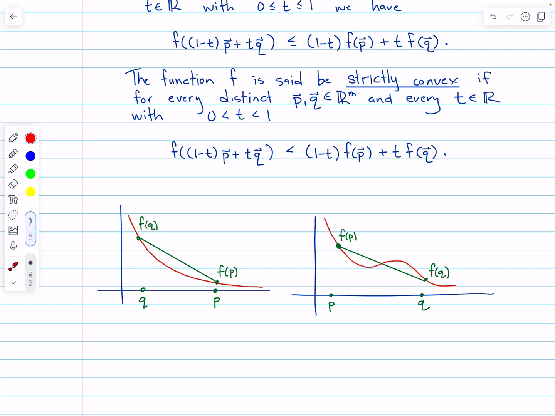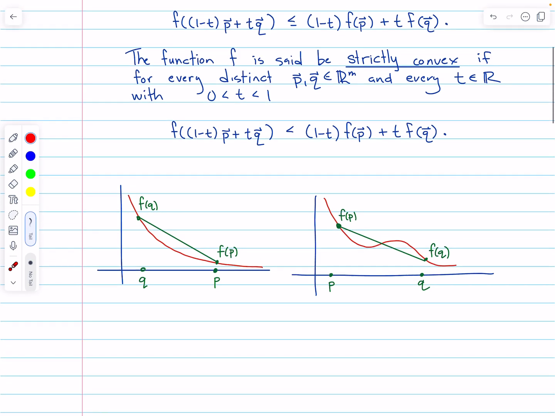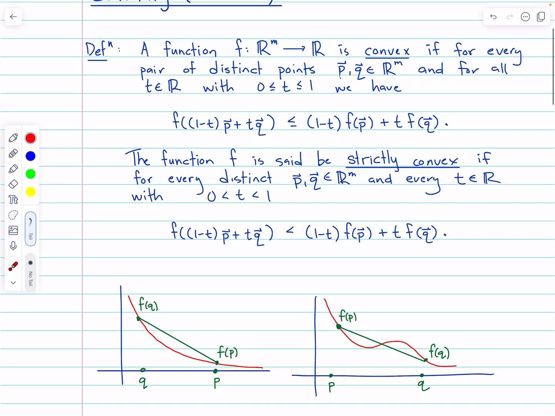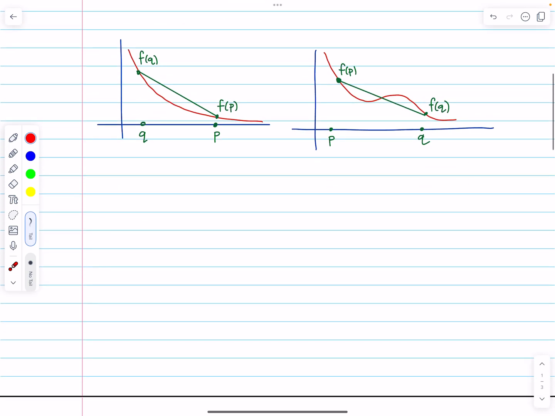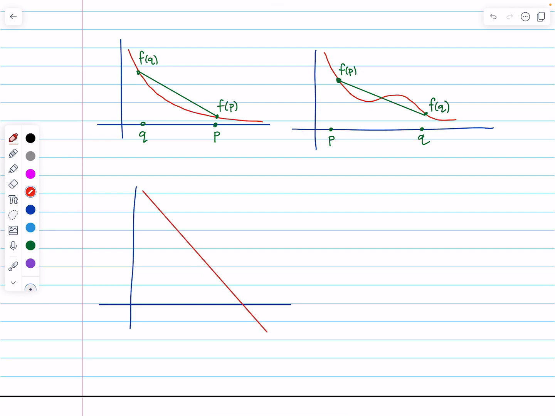Now, strict convexity is a slightly stronger sense where we want that inequality to be sharp. Instead of less than or equal to like we get in convexity, we want it to be strictly less than for every t strictly between 0 and 1. This precludes things like the graph of a linear function.